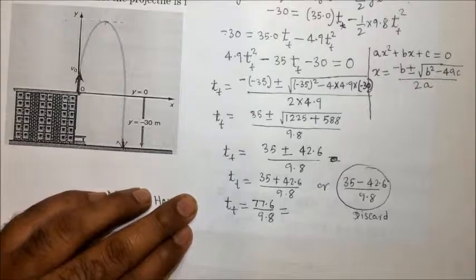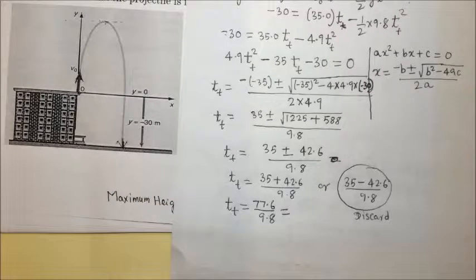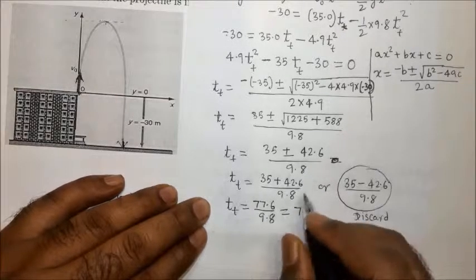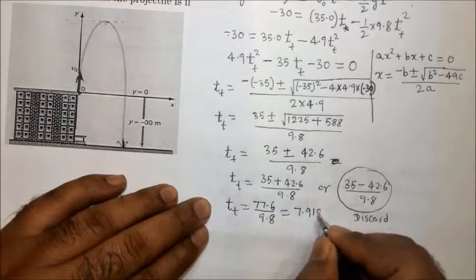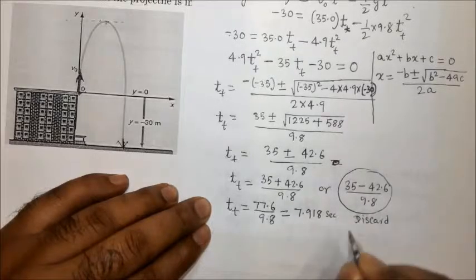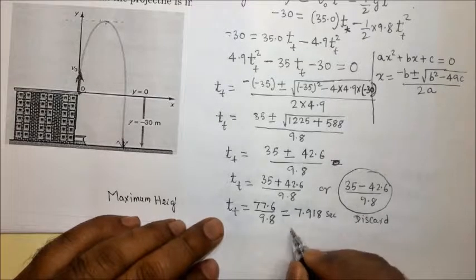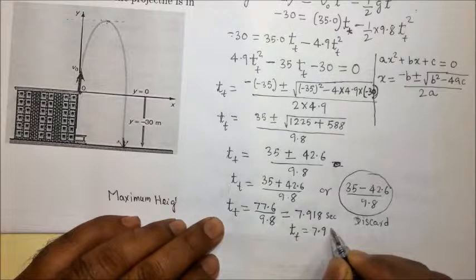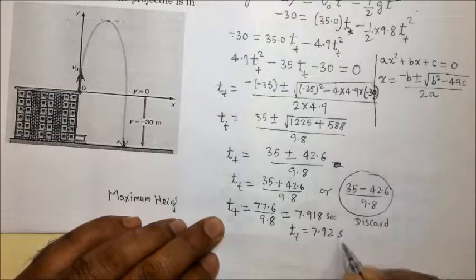That is equal to 7.918 second, approximately t sub t is equal to 7.92 second.